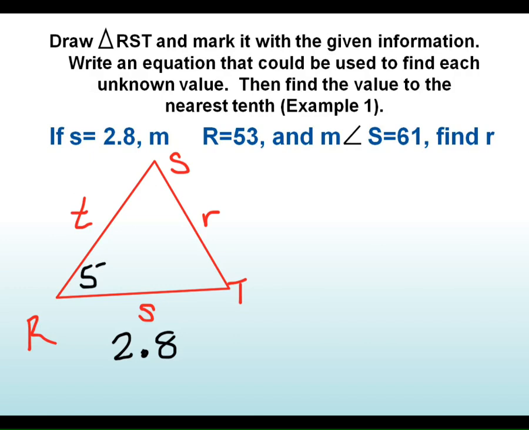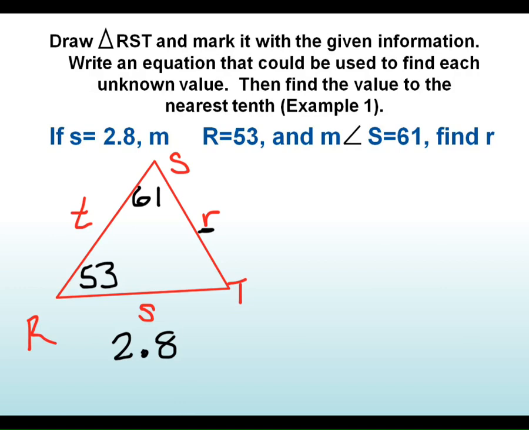Capital R is 53. Capital S is 61. I want to find lowercase r. Okay. So I just labeled everything it gives me. I'm looking for this piece. The law of sines says if you take the sine of one angle divided by its opposite side, which I have both of the s's, right?